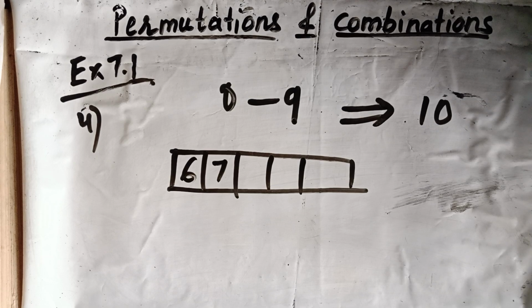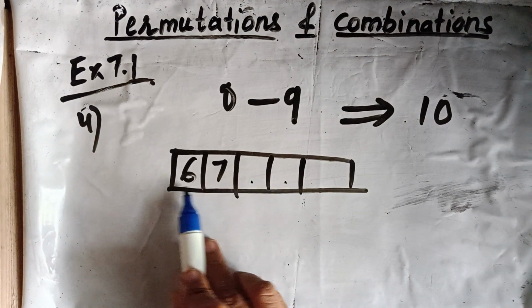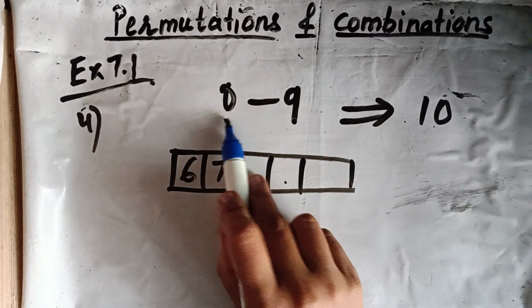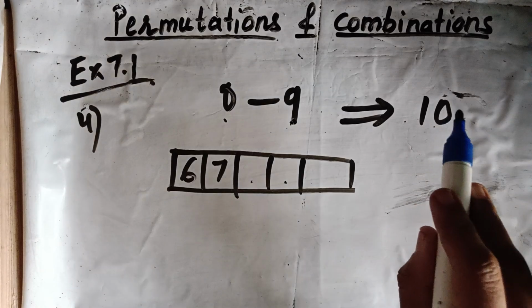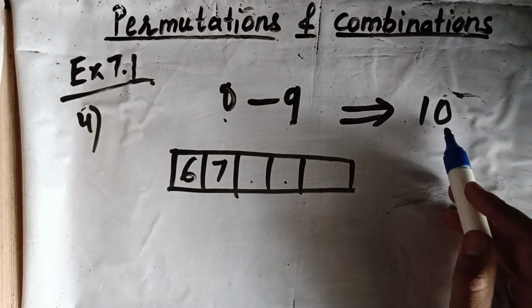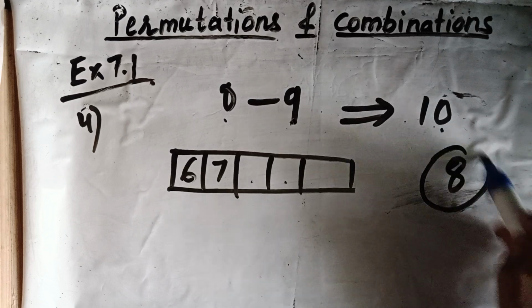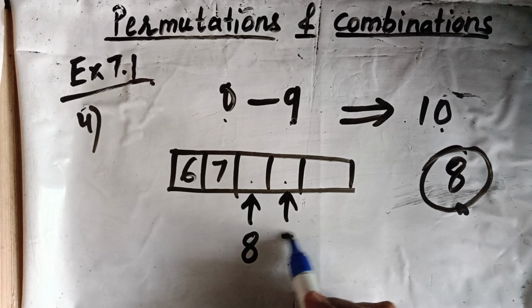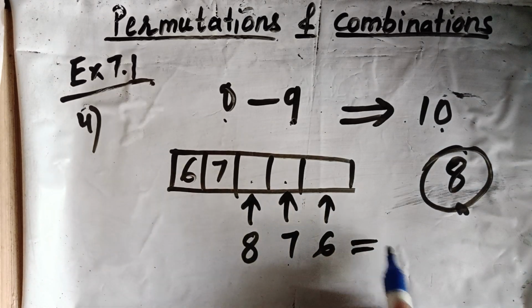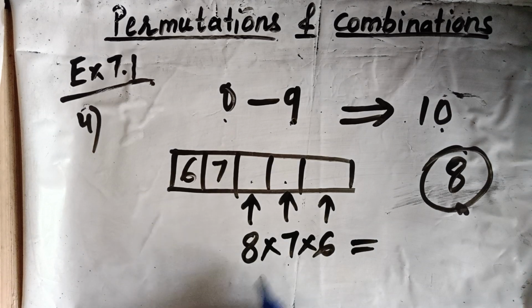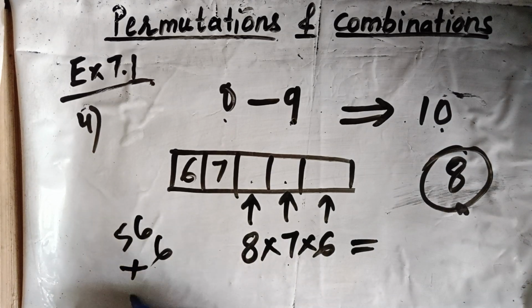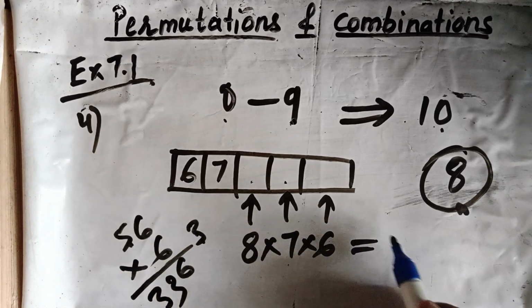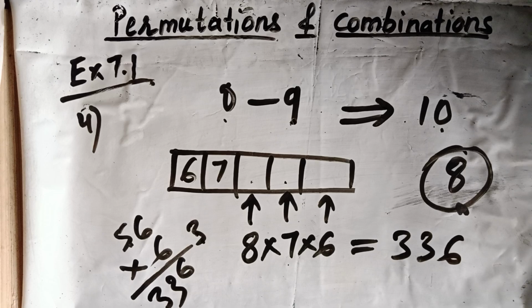No digit appears more than once, so here you cannot use 6 and 7. You have to remove 6 and 7 from these numbers. So the total numbers which can be used will be 10 minus 2, that is 8. 8 choices are there, so this can be filled with 8, 7 and 6. So this will be 56 into 6, 336.